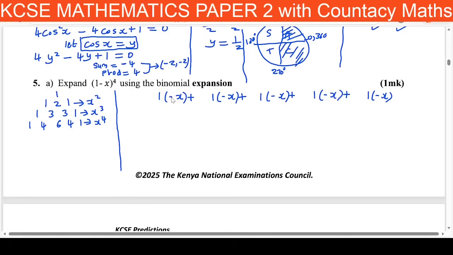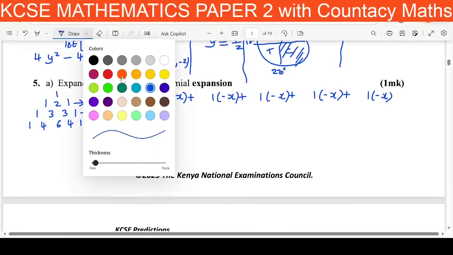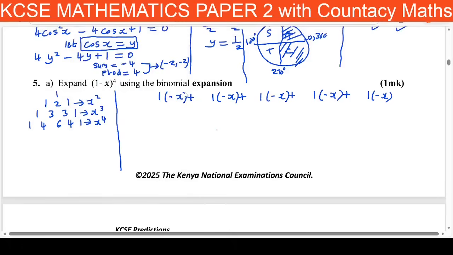So what you have there are those terms, and because you're supposed to have 5 terms, the next thing you do is assign some powers to this. For instance, here you start with power 0, therefore you start with 2 power 0, then power 1, and notice we are assigning to the place where we have this x.